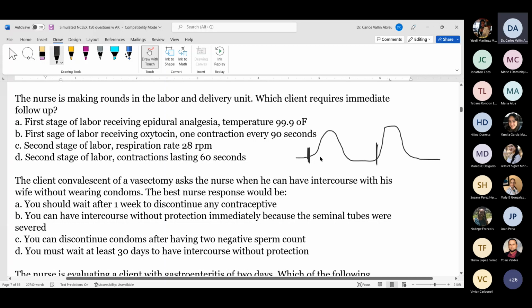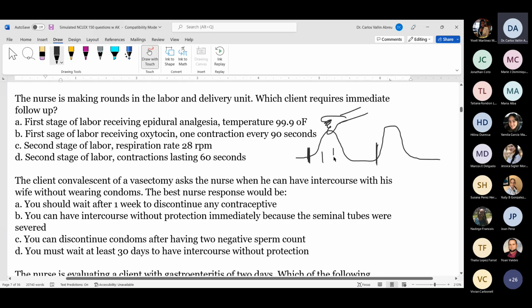So you put your hand on the fundus of the uterus of the woman, and you expect that the uterus becomes contracted. You are going to notice that when you palpate the uterus, it becomes hard, but at the same time, you are going to see the woman complaining because it is painful. So now you start counting.